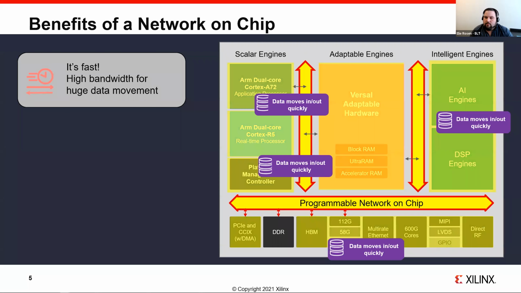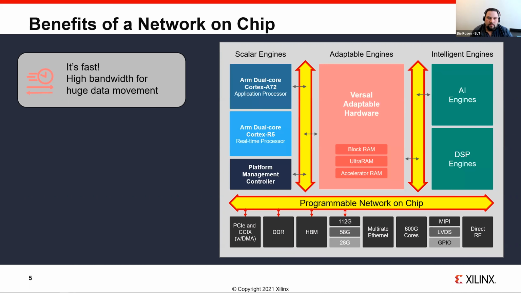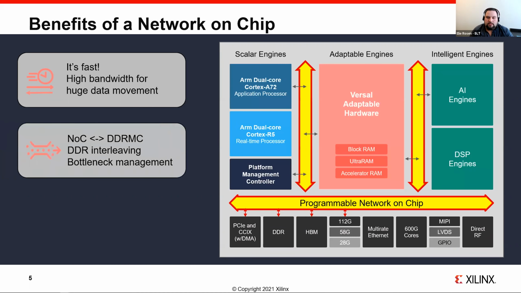So given the NoC framework, we're able to move data quickly between all of the engines on the device. We're also able to talk directly from the NoC to DDR memory controllers. That's what DDR MC stands for. And the DDR memory controller handles all the bottleneck management of any of the peripherals that may want to talk to the DDR interface.